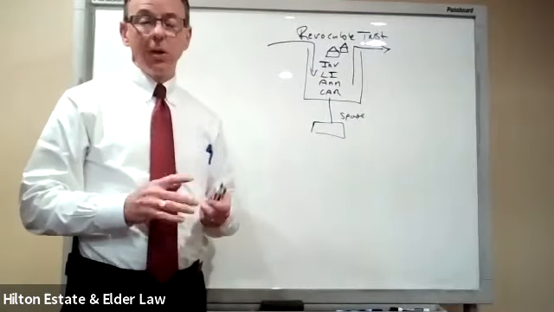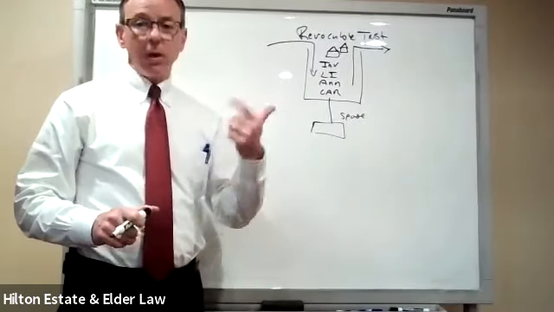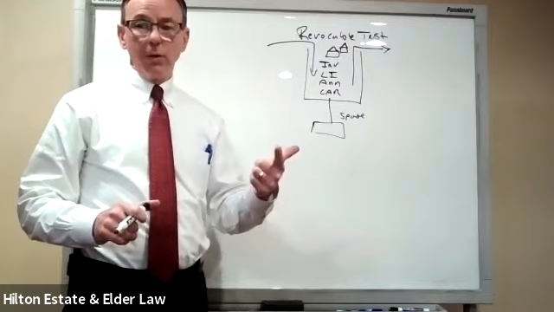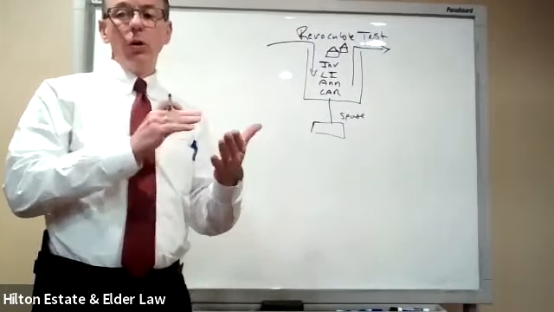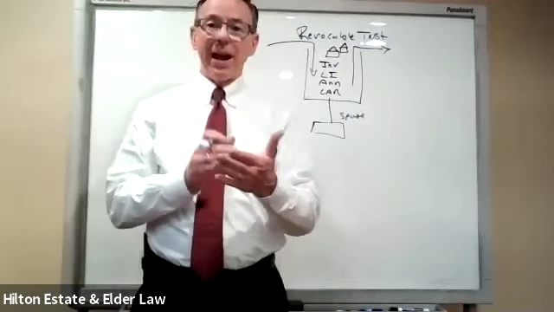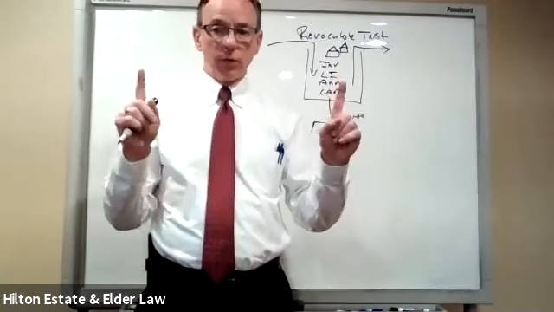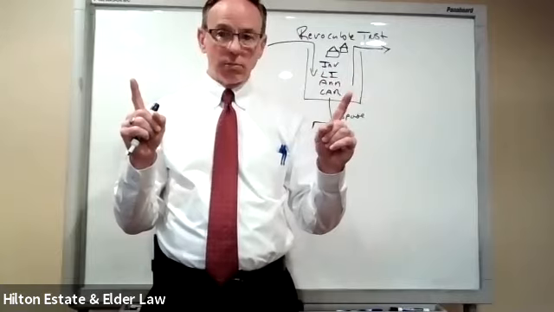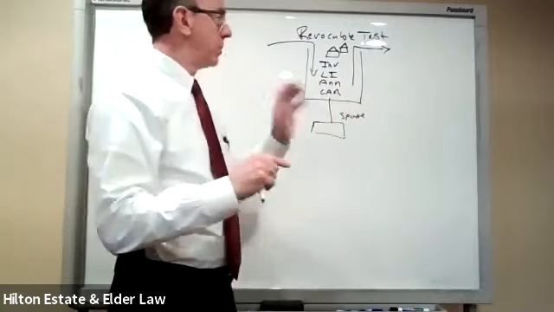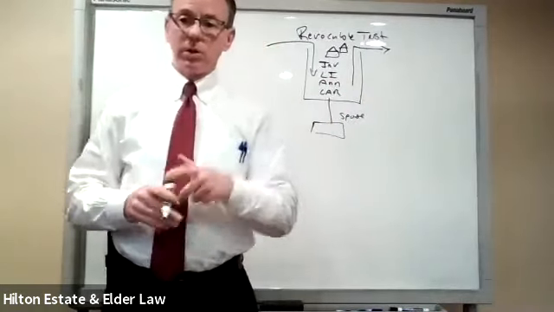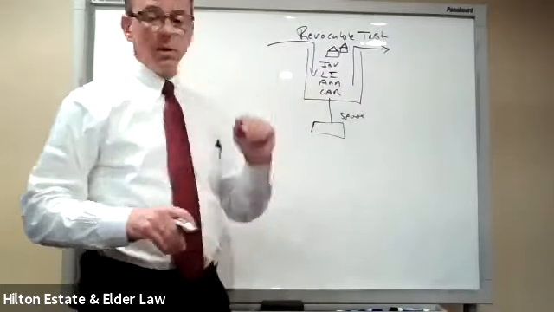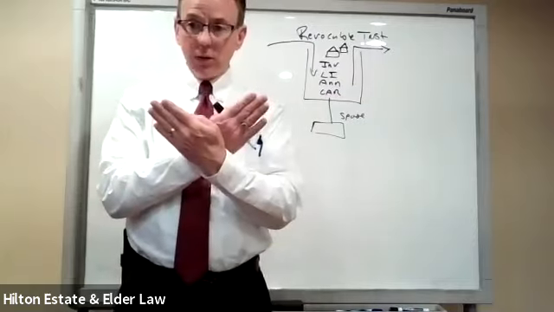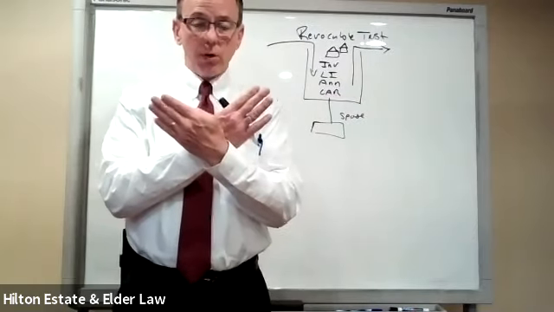As I said, we use this a lot when we have clients with multiple houses in multiple states, blended families, same-sex couples with different families they want to leave stuff to if they don't have children. When you and your spouse or you and your significant other have different ultimate goals. So if your first goal is to take care of each other, that's great. If your second goal is spouse A wants to leave their stuff to their siblings and spouse B wants to leave it all to charity, you can each create your own revocable trust, takes care of each other while you're alive.